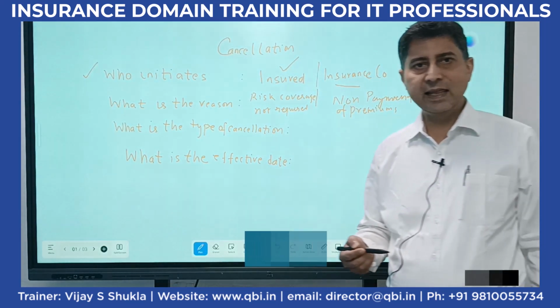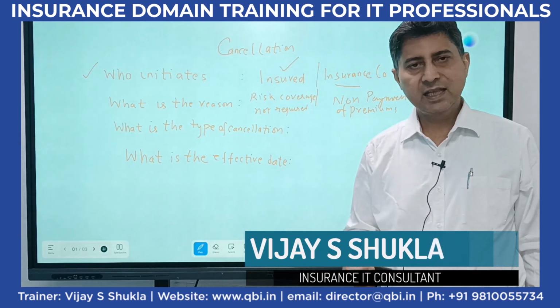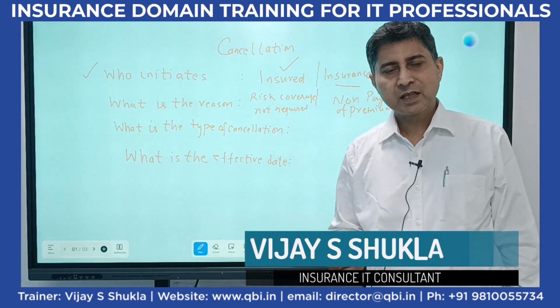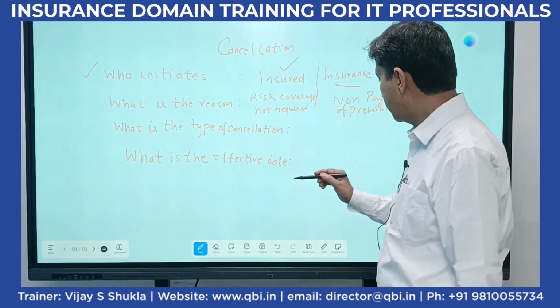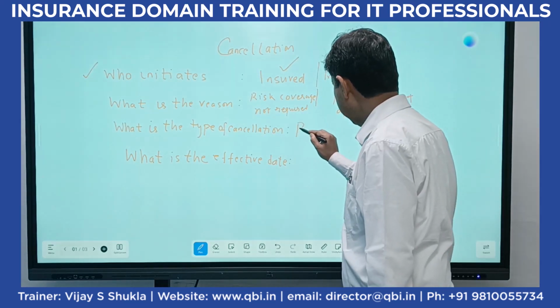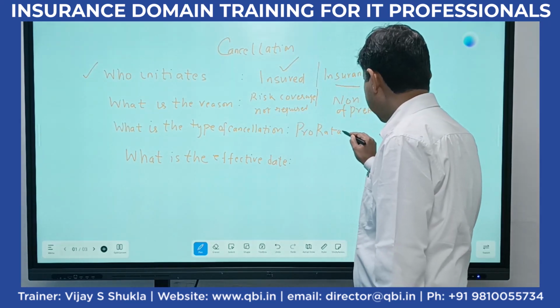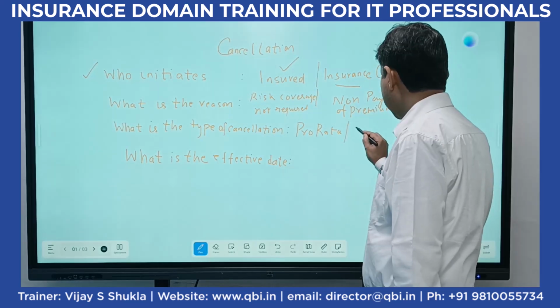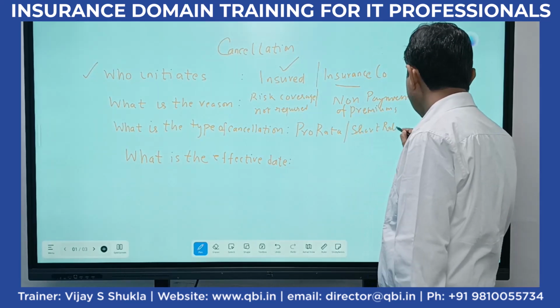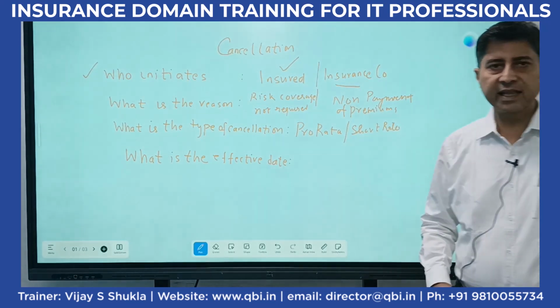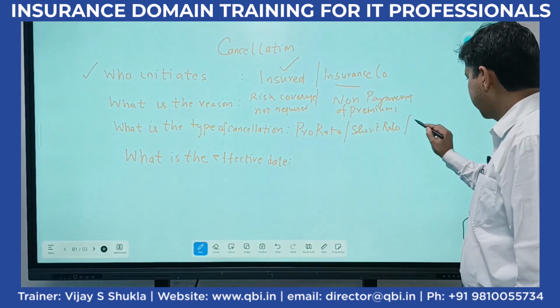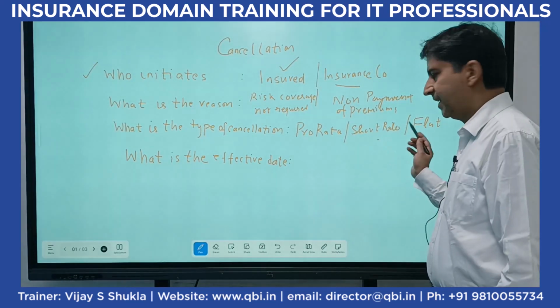What is the type of cancellation? While we cancel the policy, there could be several types of cancellation. These are pro rata cancellation, yet another type is short rate cancellation, and yet another type of cancellation is the flat cancellation. Pro rata, short rate and flat.